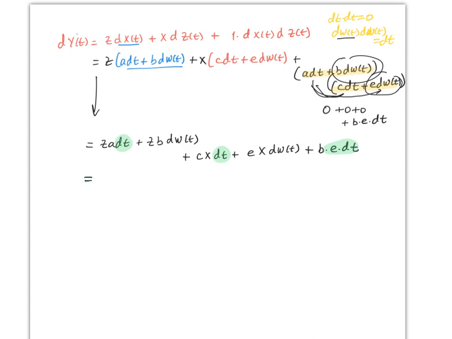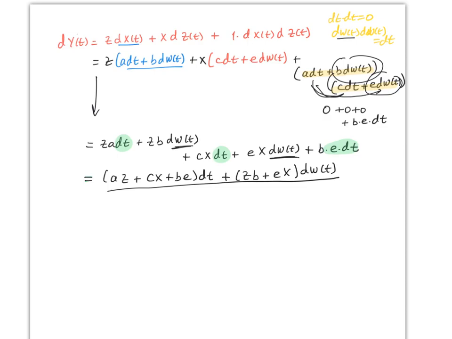So if we do that, you will have (az plus zx plus be) dt plus, you can combine the dW_t, so this will be (zb plus ex) dW_t, and that's it. It's the end of the story.